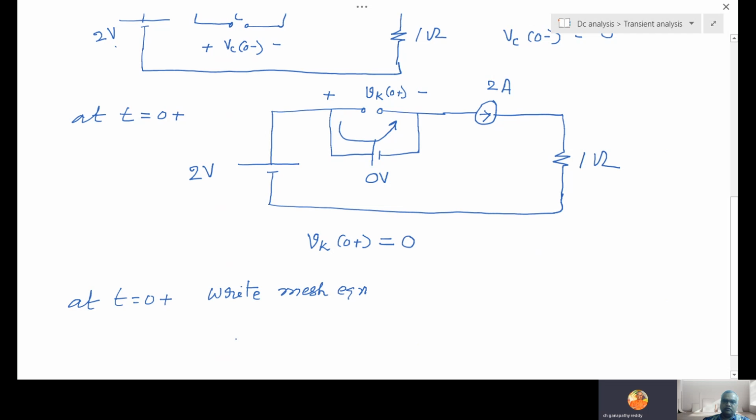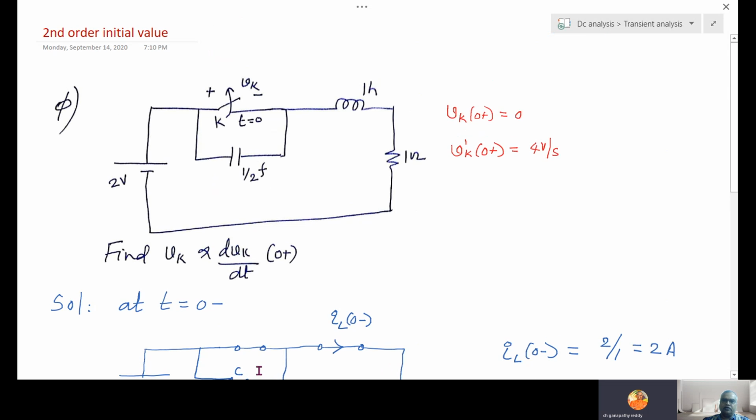So how to write the mesh equation? 2 is equal to the voltage across the capacitor, that is 1 by C integral. We are going through the capacitor. The capacitor value is 1 by 2, inductor of 1 Henry.